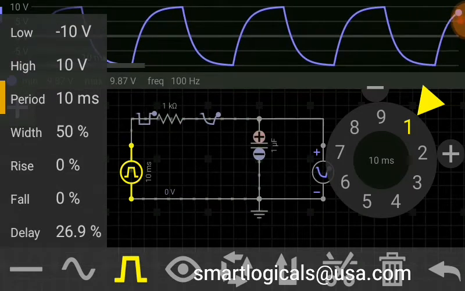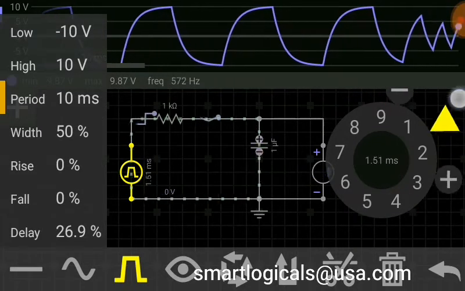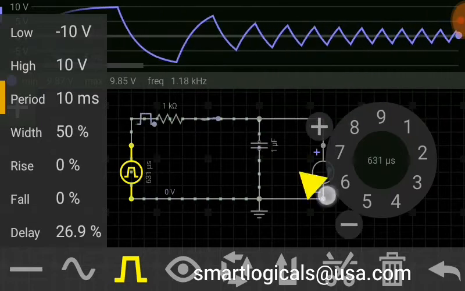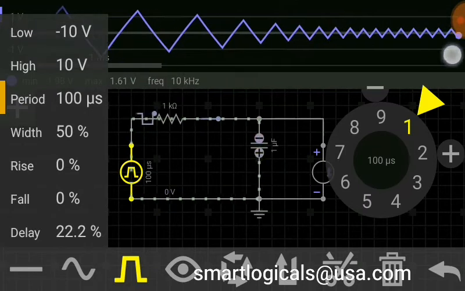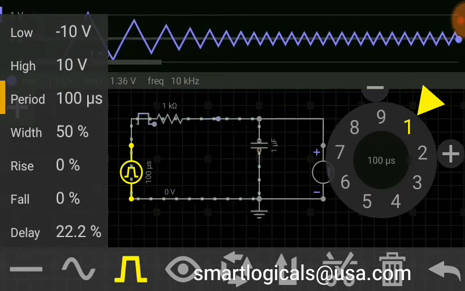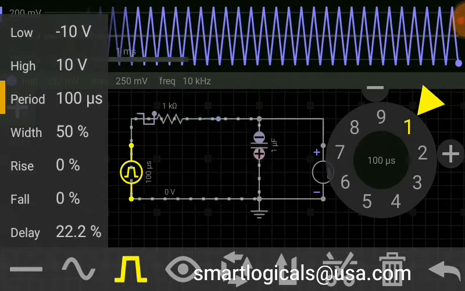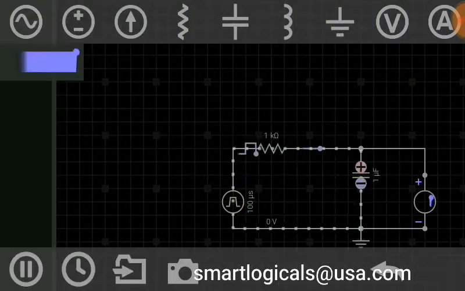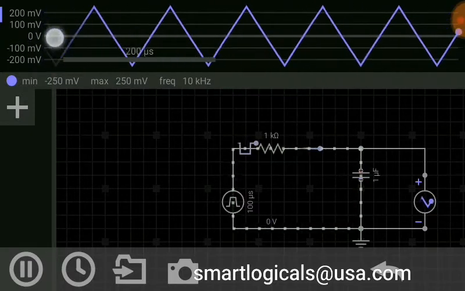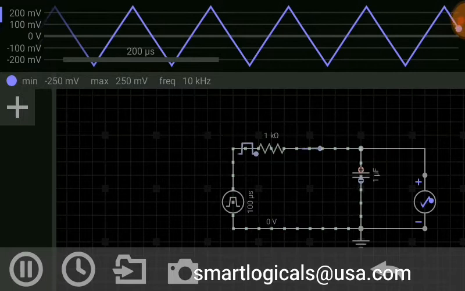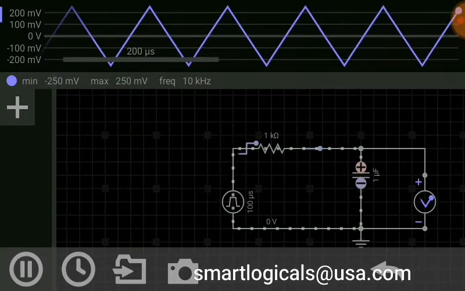If the time period is far less than the time constant, then see how the output changes. It's really a triangle signal with a very low amplitude of 500 millivolts peak to peak.